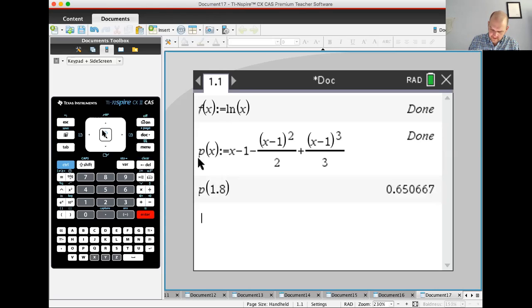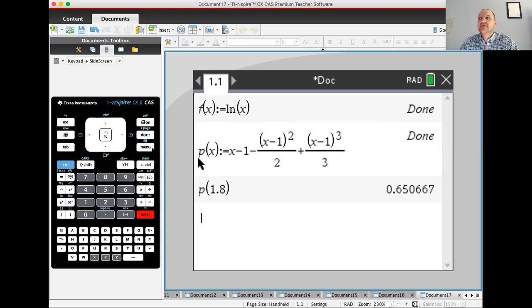And then p of 1.8 is approximately the natural log of 1.8. And we get 0.651. And again, the three decimal thing can kill you on these because it is possible to have done them wrong, basically. You can get something that's correct to 5 decimals, but because you rounded to 3, you're going to get false when you make your interval. I think that's not going to happen here, but it could.